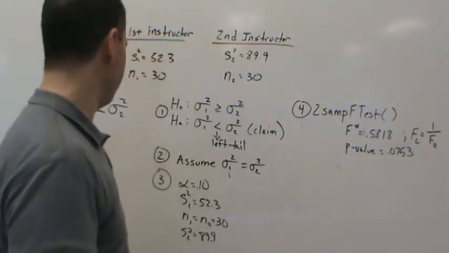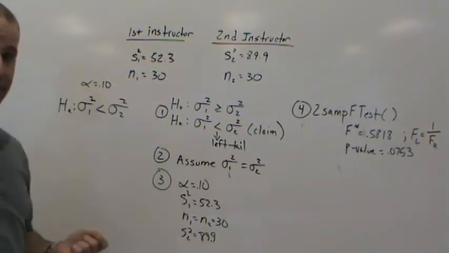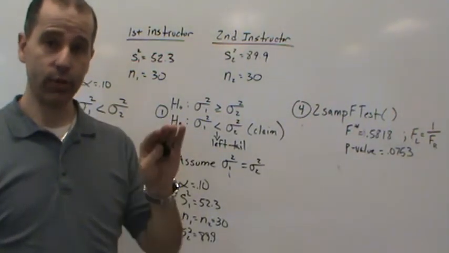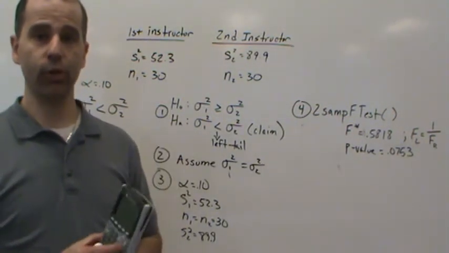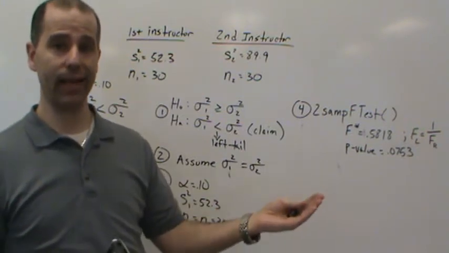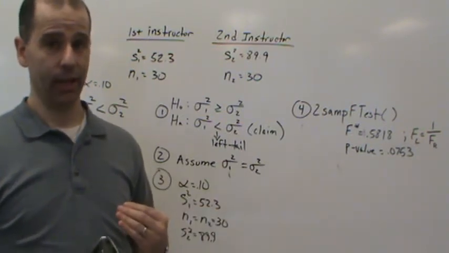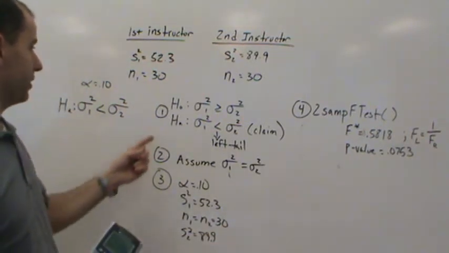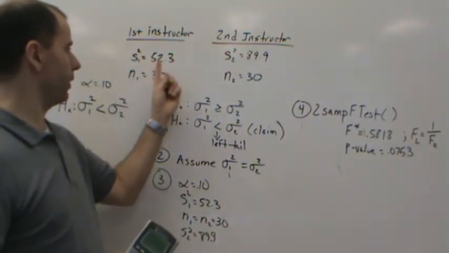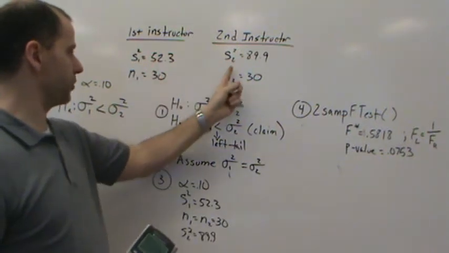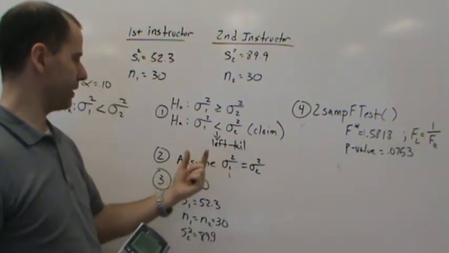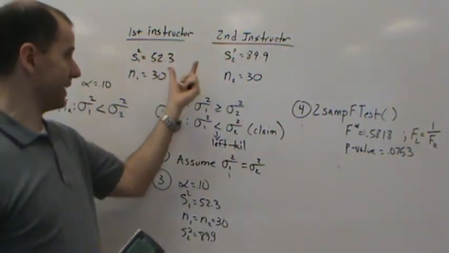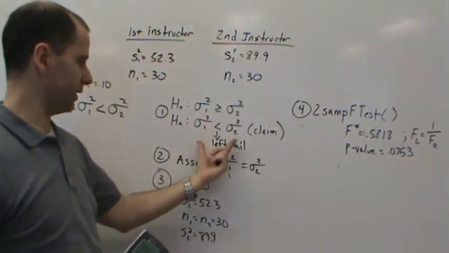Okay? But in reality, it doesn't matter which one goes on top. It doesn't, because when you use the calculator, it's either going to be a right-tailed test or a left-tailed test or a two-tailed test. So again, if it's a left-tailed test, if we were to make this population 1 and population 2, well, then the claim is that this instructor is less than this instructor, which gives us a left-tailed test.